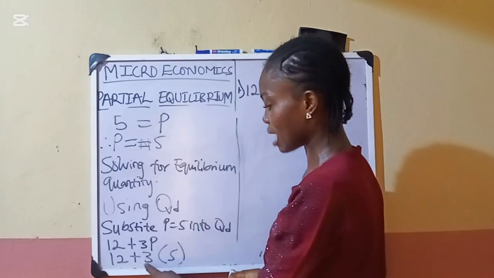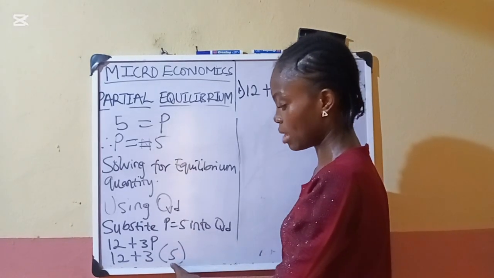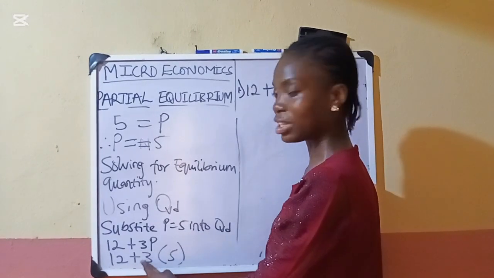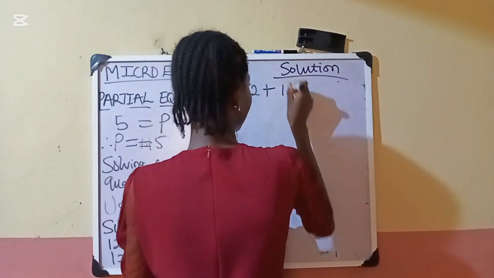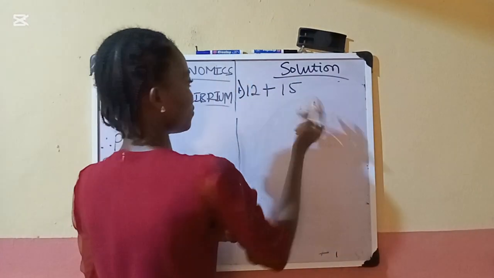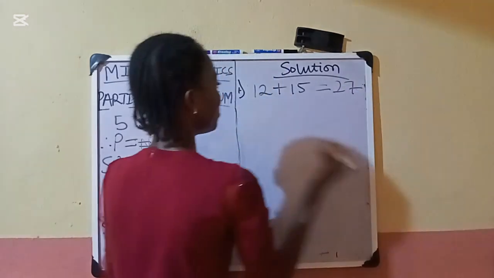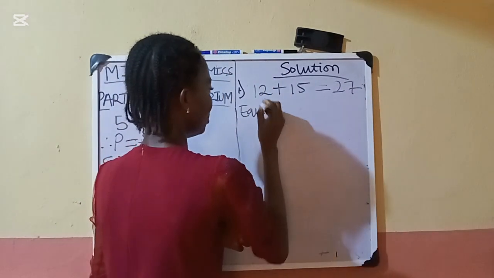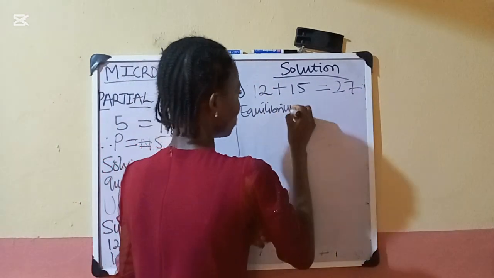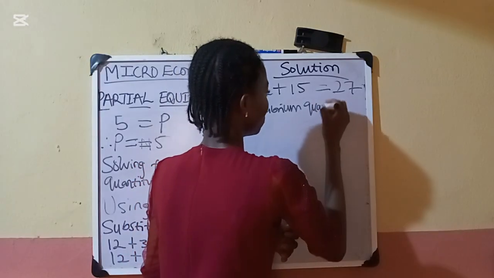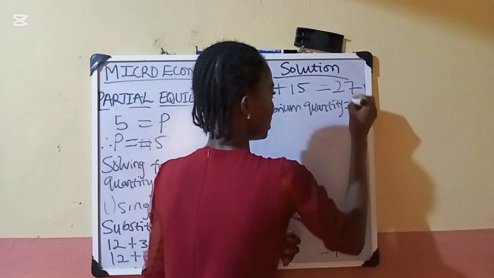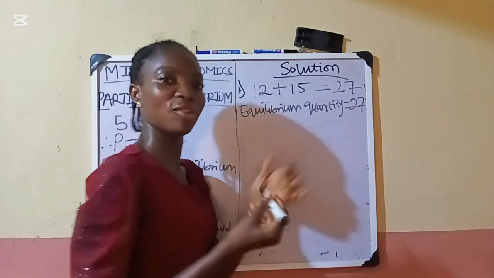So it means what is outside the bracket should multiply what is inside the bracket. So 3 times 5 gives us 15. 12 plus 15 gives us 27. Which means that our equilibrium quantity is 27 units.